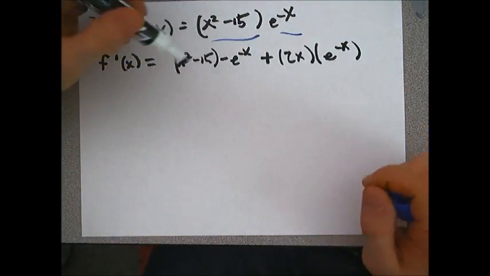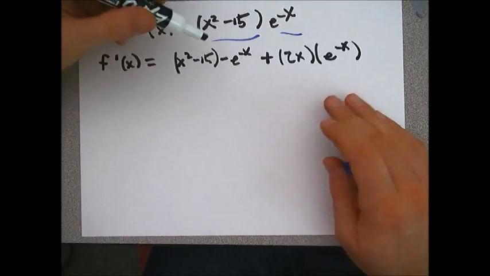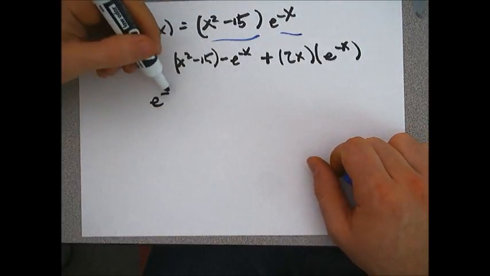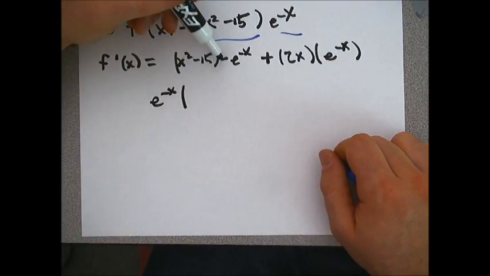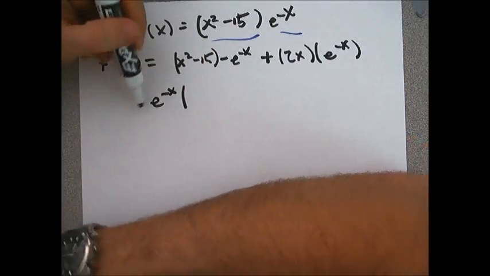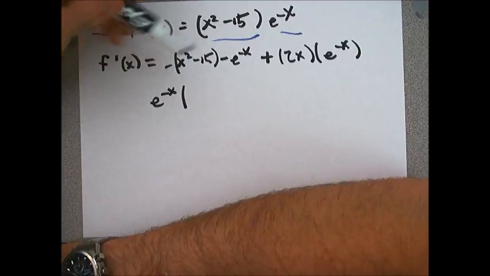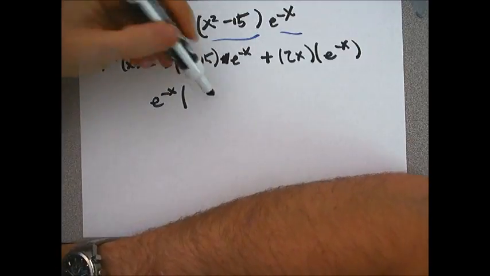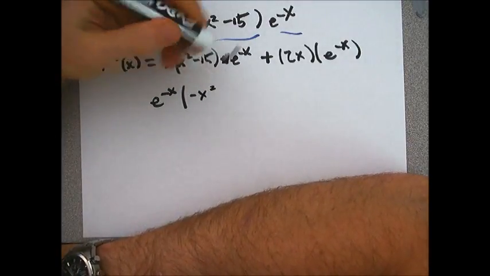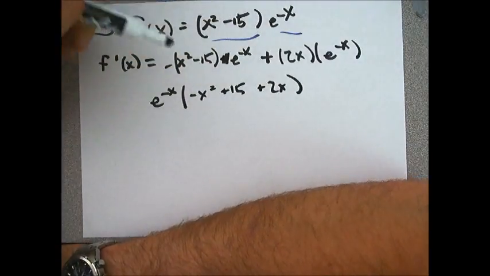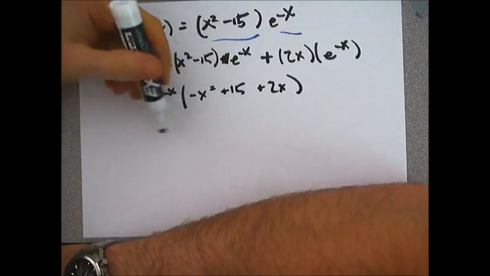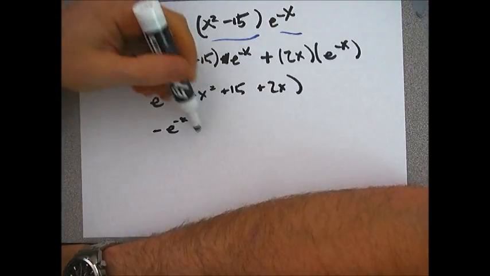You keep it. Factor out e to the negative x. E to the negative x leaves me, and there's a negative out here, so let's just pull that out to here. That leaves me negative x squared plus 15 plus 2x. Again, I'm going to pull a negative out from here. So this is negative e to the negative x.